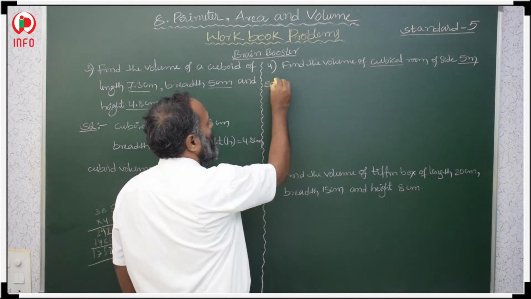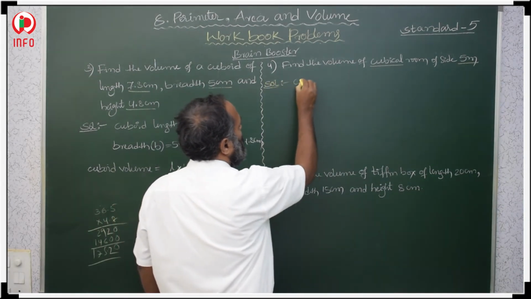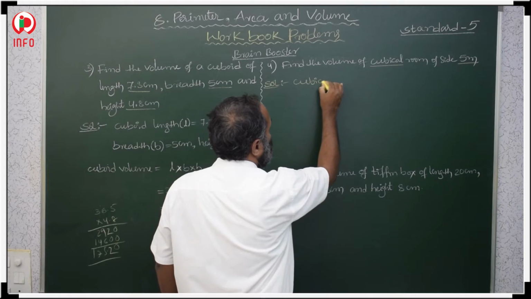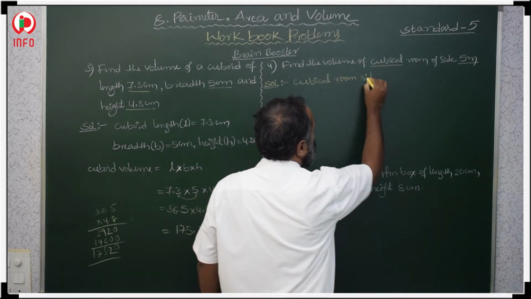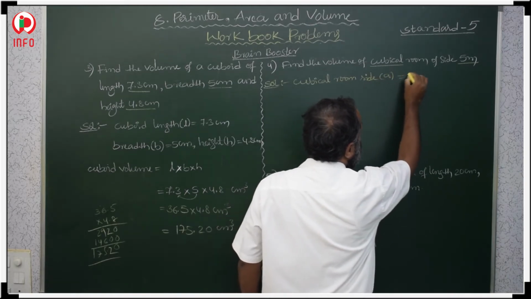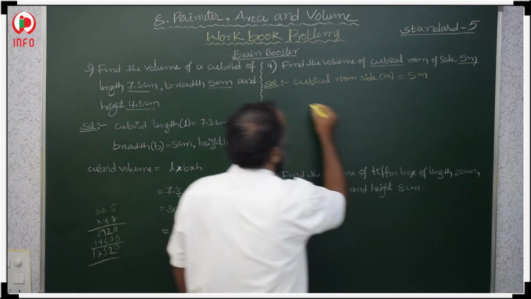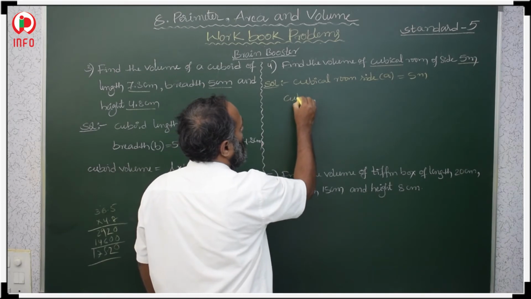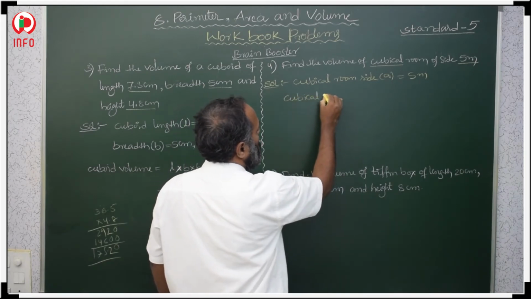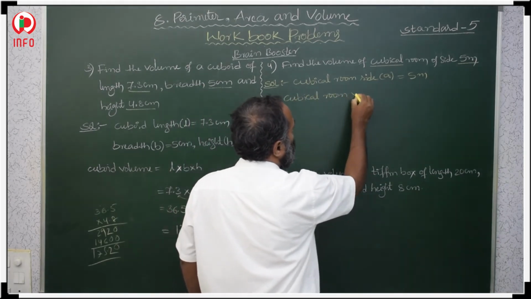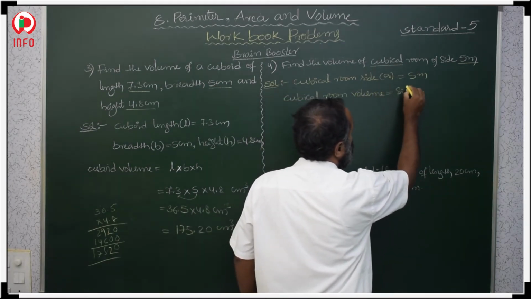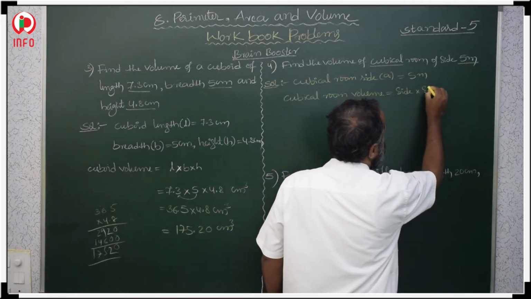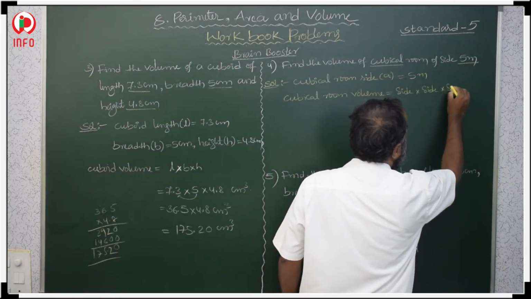Here, the cubical room side, that is a is equal to 5 meters. Then the cubical room volume is equal to side into side into side.